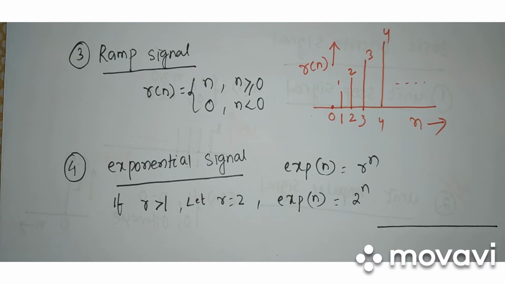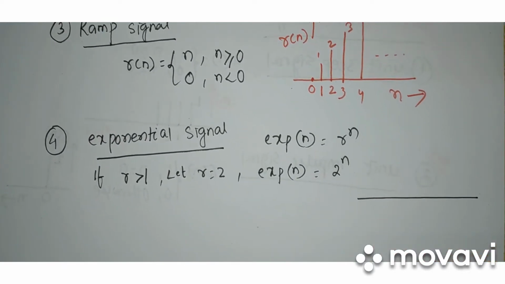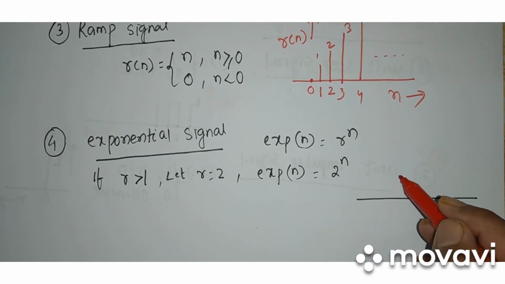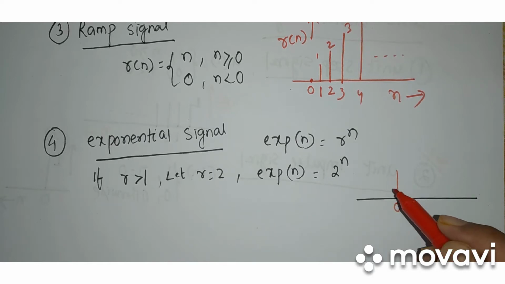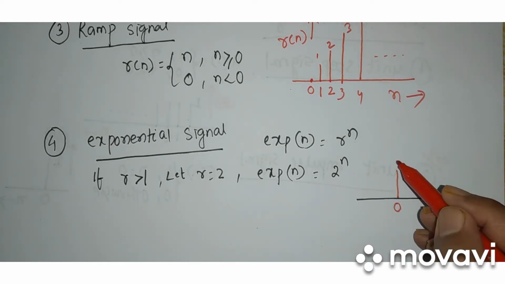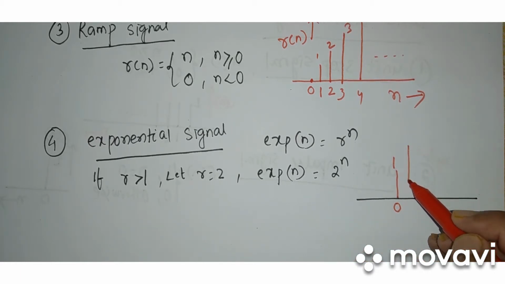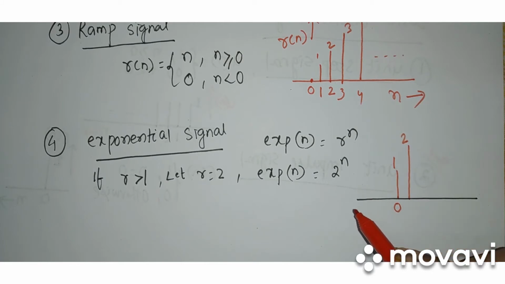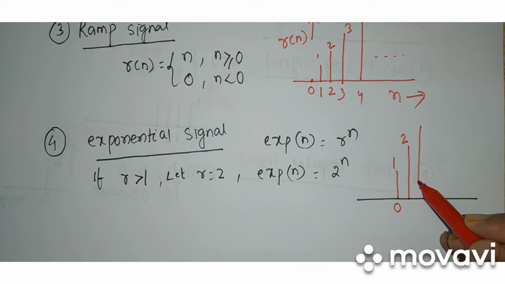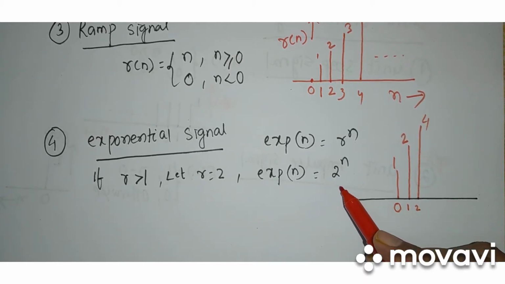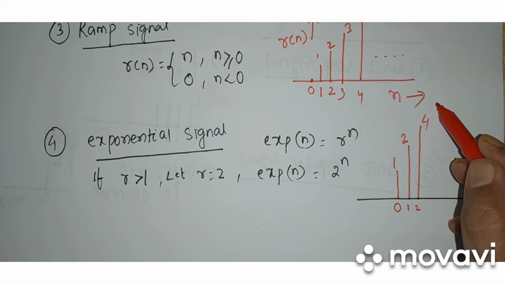It's very easy. n equals to 0, it is 2 to power 0, 1. n equals to 1, 2 to power 1, it is 2. n equals to 2, 2 to power 2 means it is 4. n equals to 3, 2 to power 3, it is 8.